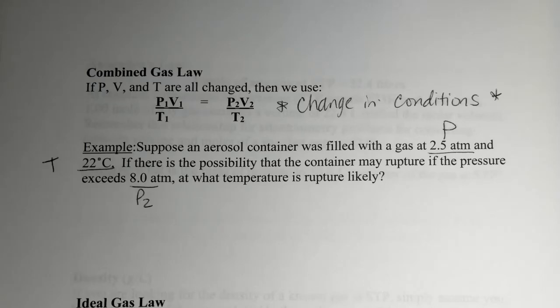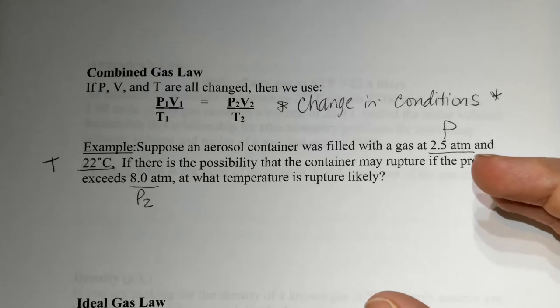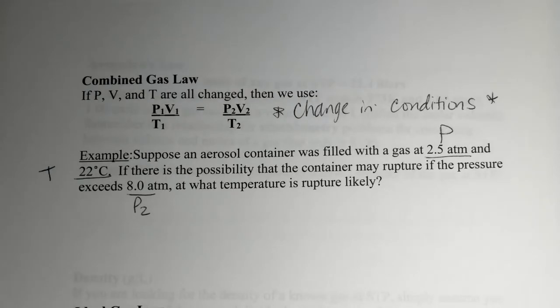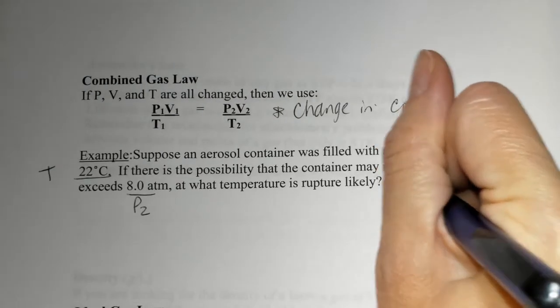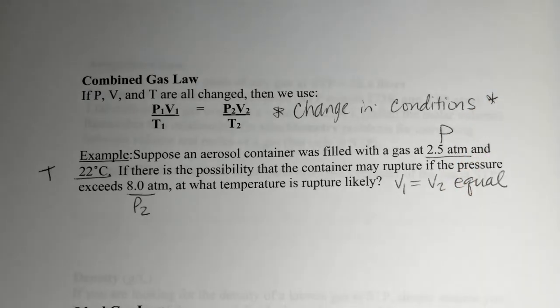It doesn't give us a volume. So the idea is that we've got a volume of a container and we want to get right to that point where it might rupture. So we're going to assume that V1 and V2 are equal. And past that point, the temperature would have to be greater than whatever value we find. Then we know that the aerosol can would rupture.